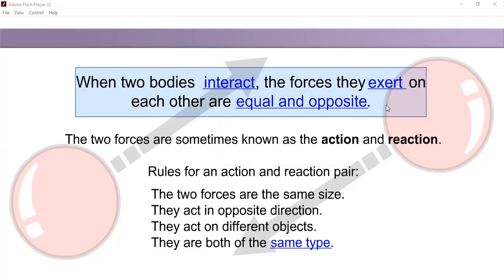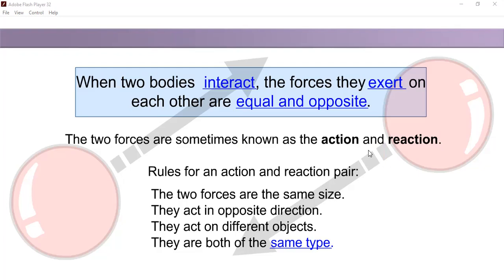Which law is it? Newton's which law? It is Newton's third law. The two forces are sometimes known as the action and reaction. What is meant by action? Action is doing something. Reaction is something reflected. For example, let's say we kick a coconut.